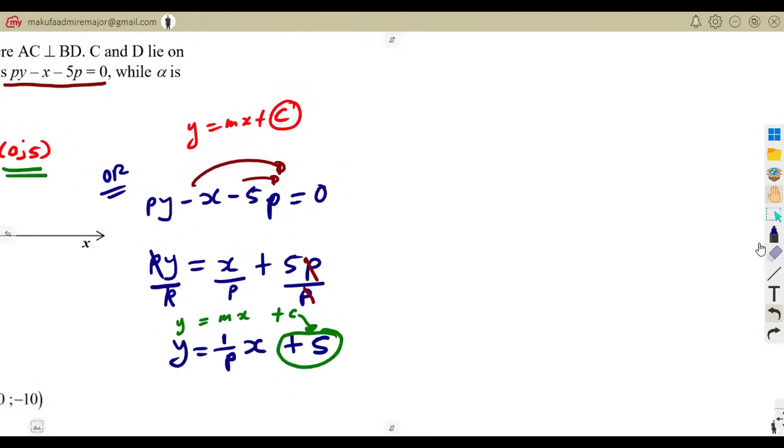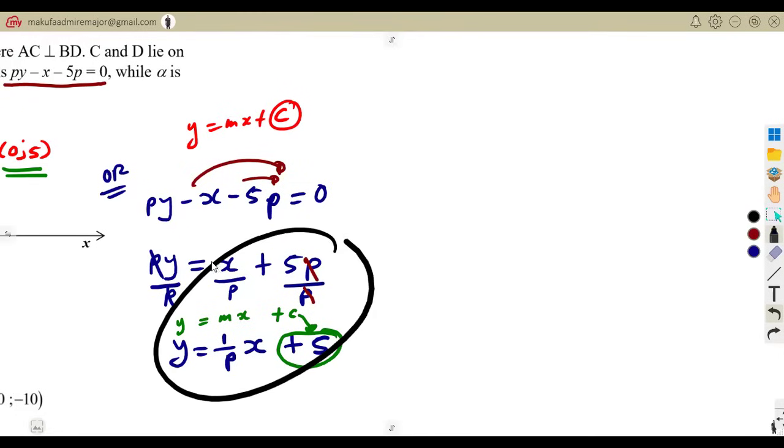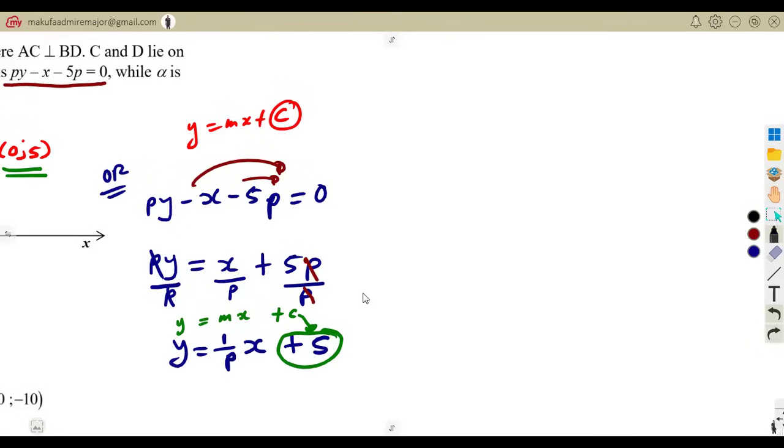Remember, if you did not use this way, guys, you are going to be forced to make y the subject of the formula, the way that I did here. After making y the subject of the formula, then you can consider determining the value of what?